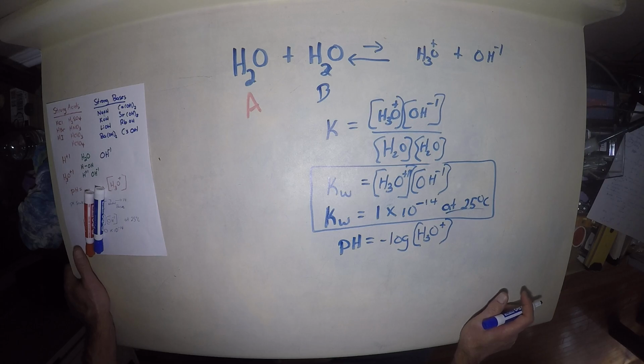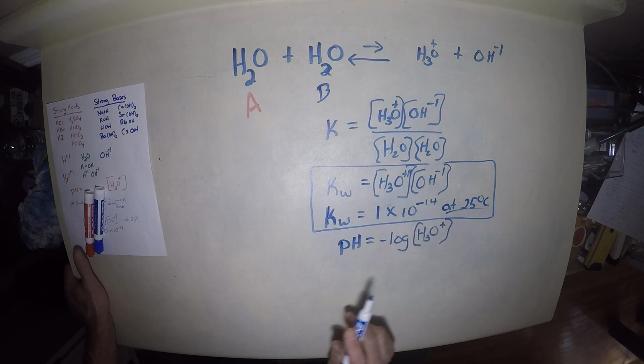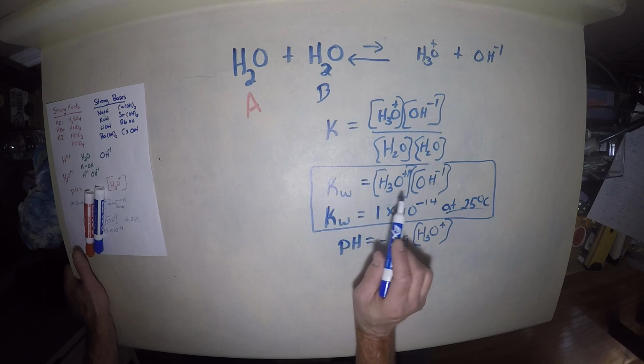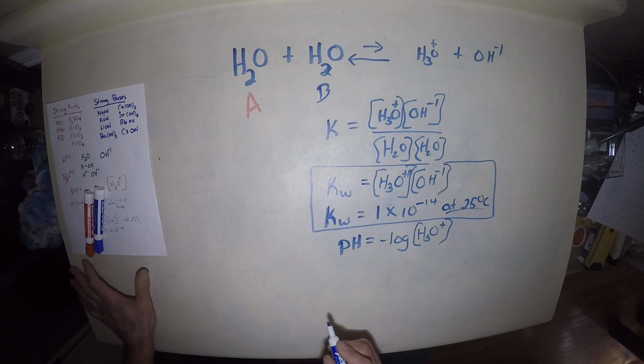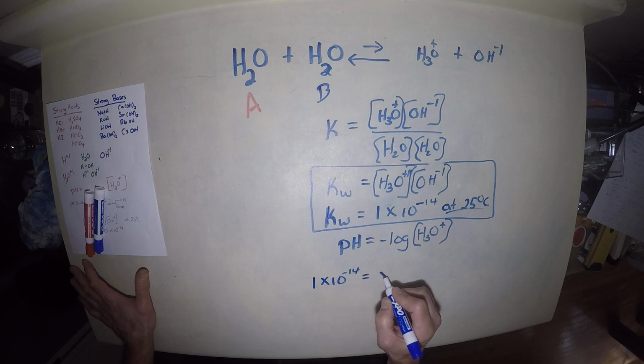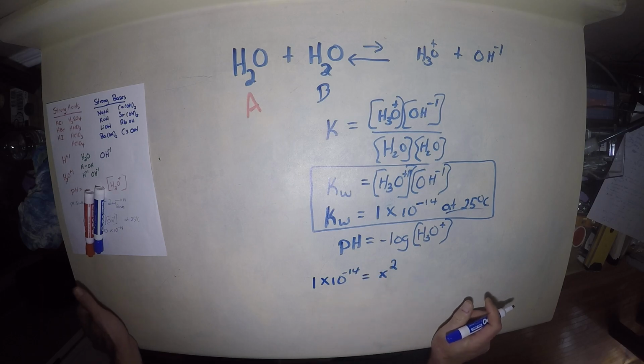The simplest way I'd like to start would be if hydronium and hydroxide are equal to each other and they're unknown, we can call them both X. And if we always know that Kw equals those two multiplied together, and we know Kw is 1 times 10 to the minus 14th, we can say 1 times 10 to the minus 14th is equal to x squared.